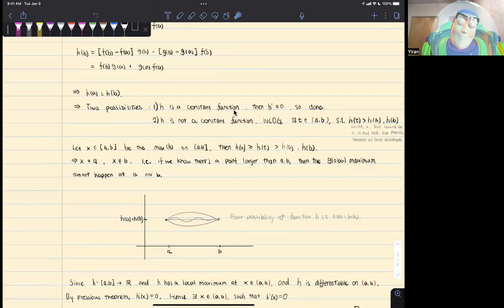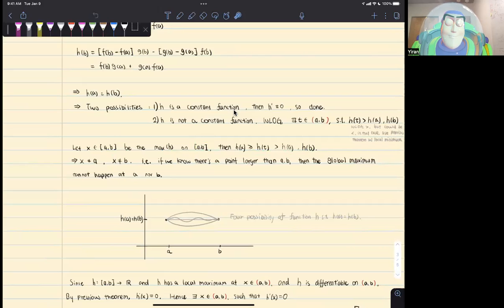So let x be the maximum of h on the closed interval AB, and h(x) is larger than h(a) or h(b).